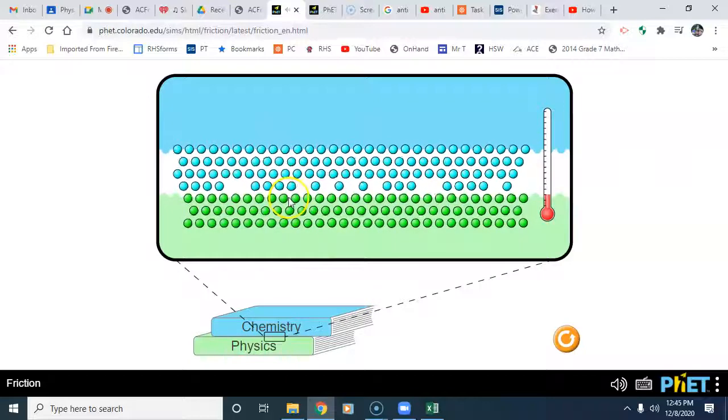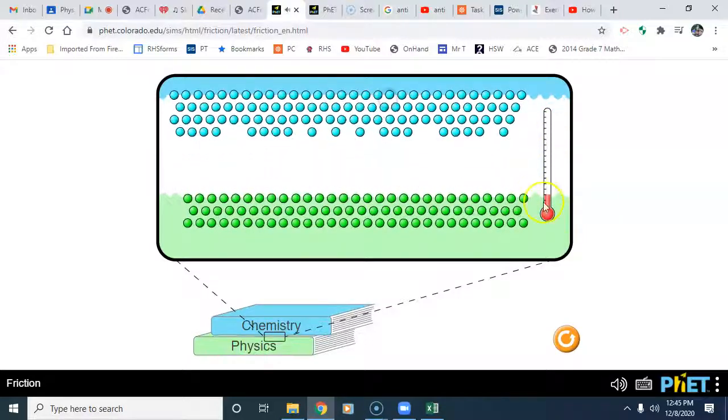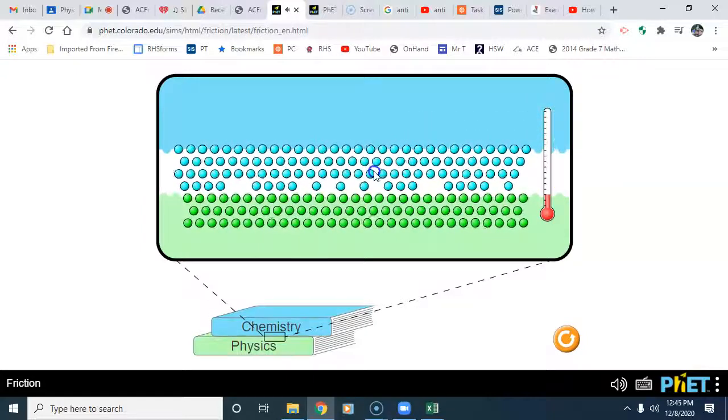But notice one thing here, there's a little thermometer to the right. We all probably know a feature about friction, because if we rub our hands together, it makes heat, right? We're not going to focus on that aspect, but it's important for this simulation to look at. So this is the resting temperature of the thermometer. If I just set the chemistry book on top of the physics book and don't try to move it, there's no friction.